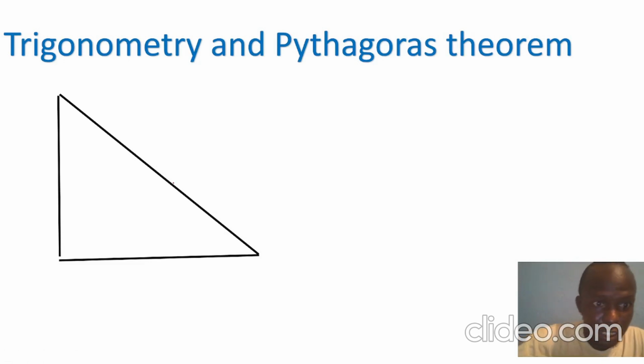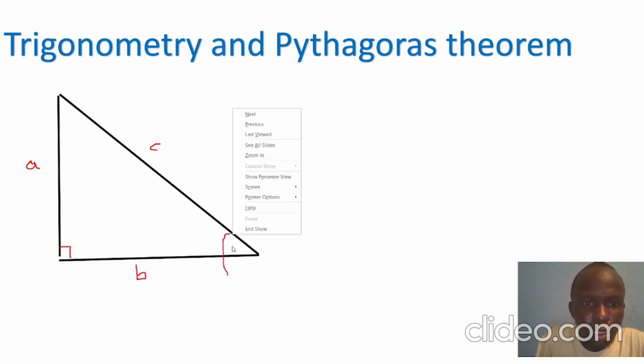Let's say that we have a triangle and it has the following sides. Let's call that side A, this side C, and this side B. Assuming that this is a right angle triangle.